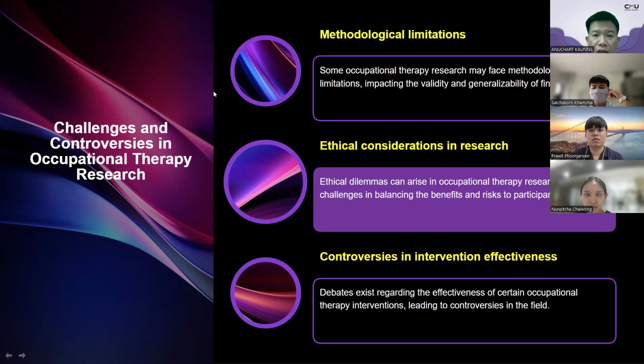The second is ethical consideration in research. Ethical dilemmas can arise and happen in our research, posing challenges that can benefit or put the client at risk. Some things we sent to the ethics committee cannot be done at this moment when they need to be evaluated.